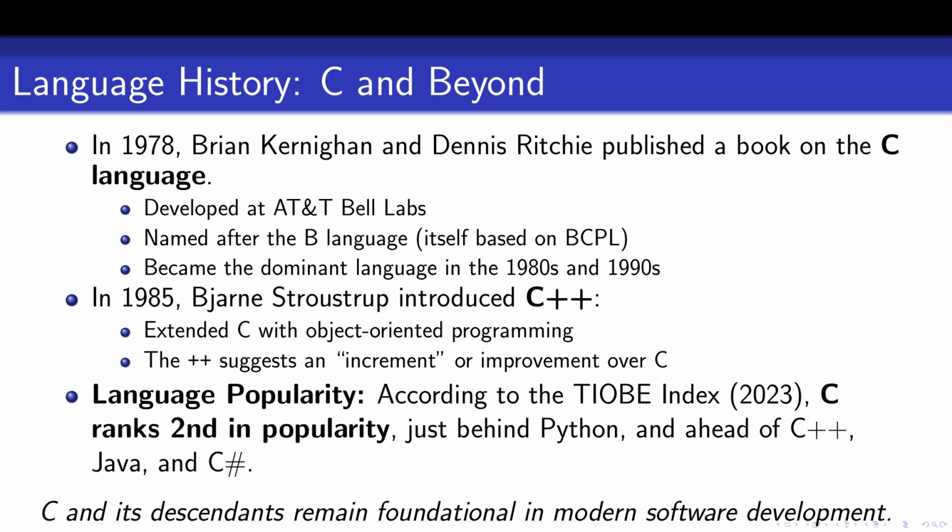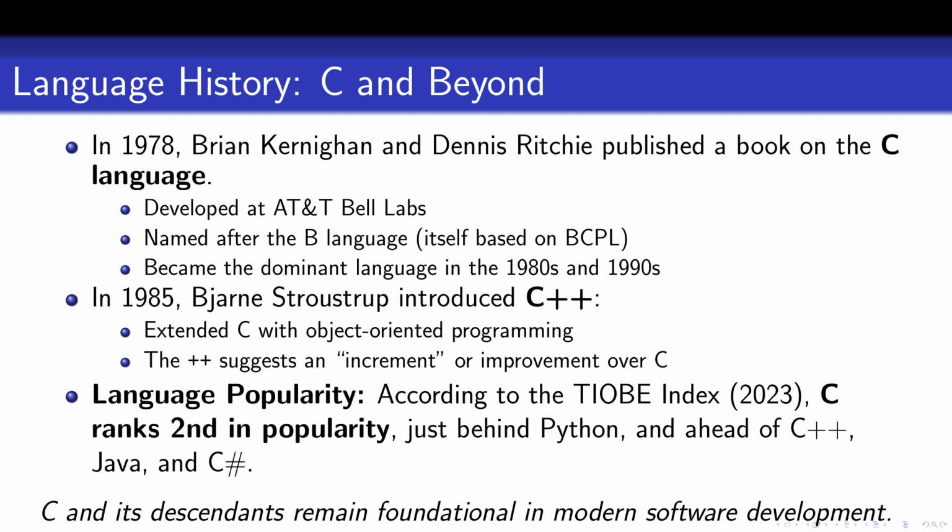C was simple, powerful, and fast, and it quickly became the dominant language in the 1980s and 90s. Then, in 1985, Bjarne Stroustrup extended C to create C++, which introduced object-oriented programming along with other features. The ++ in the name comes from the increment operator in C, suggesting that C++ is one step beyond C.